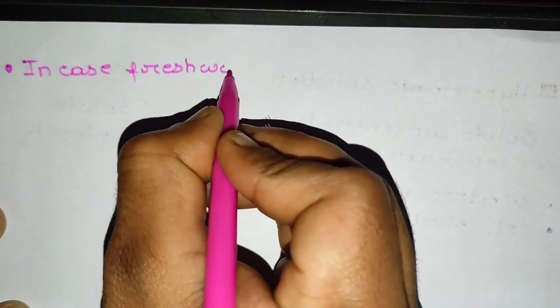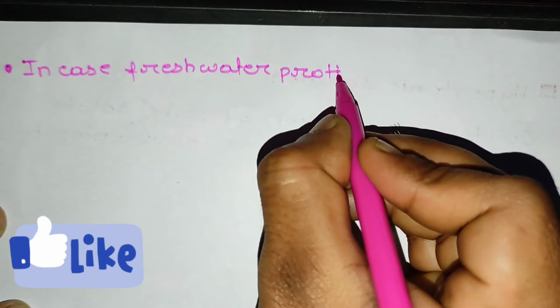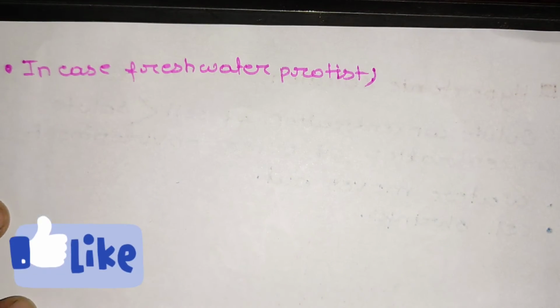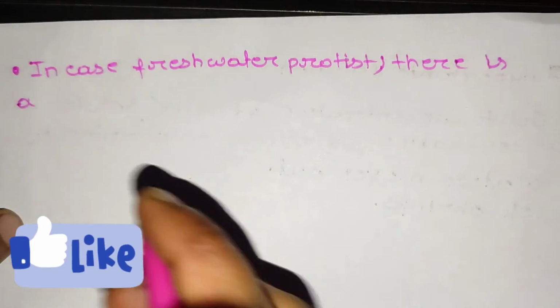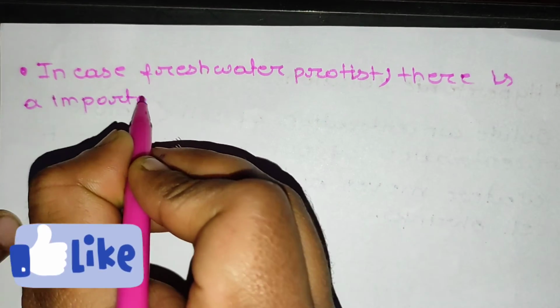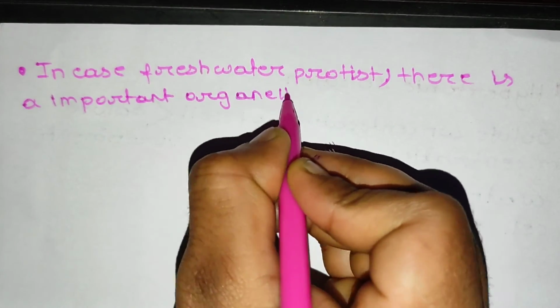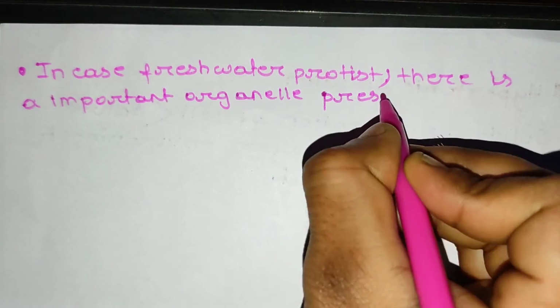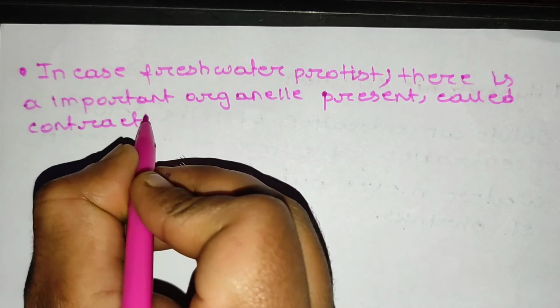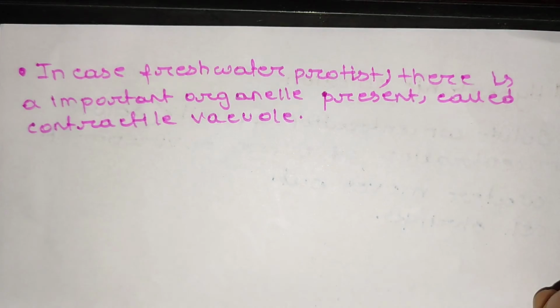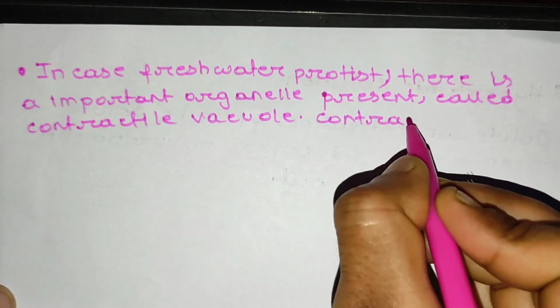Now in case of freshwater protists, there is an important organelle present called the contractile vacuole. So what is the role of the contractile vacuole?